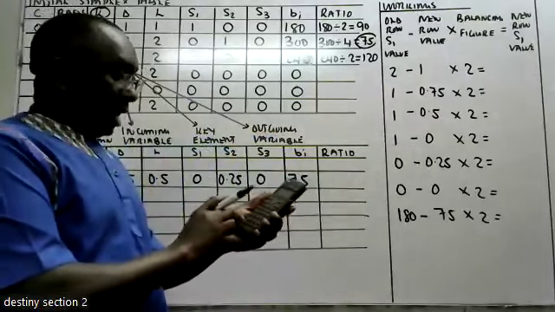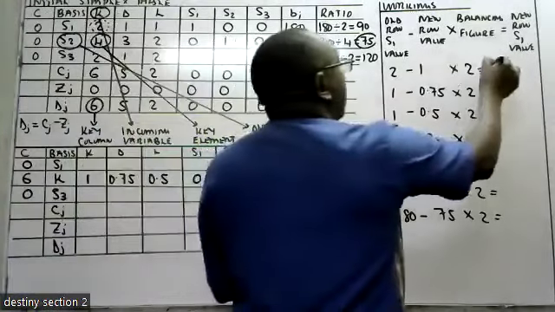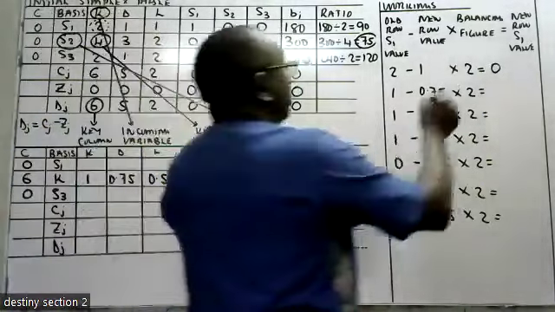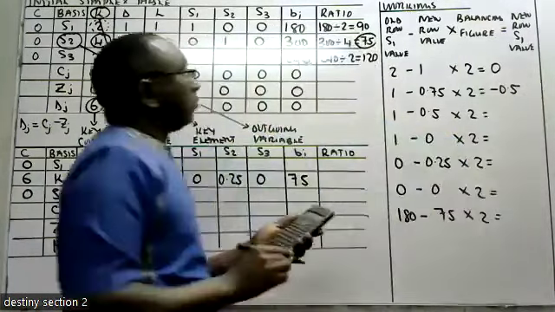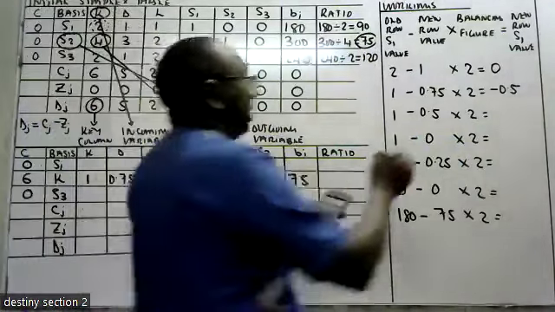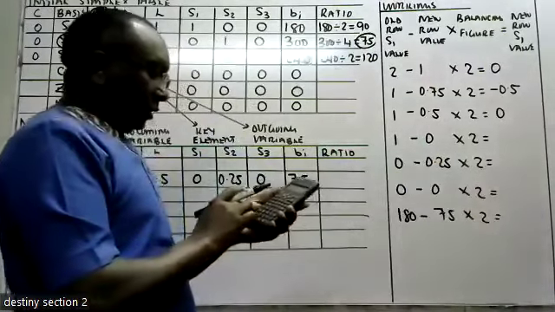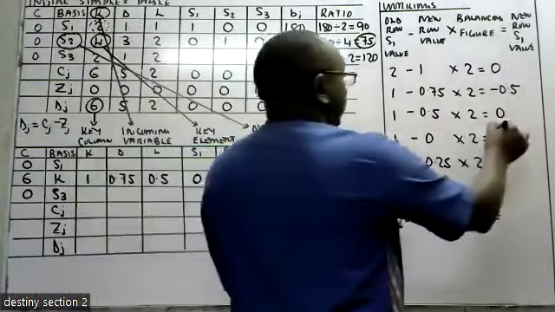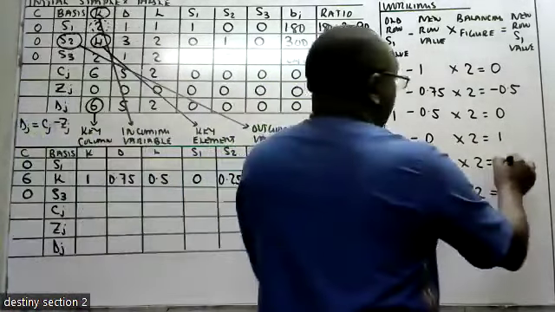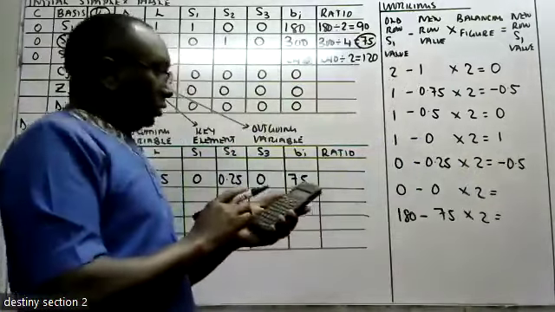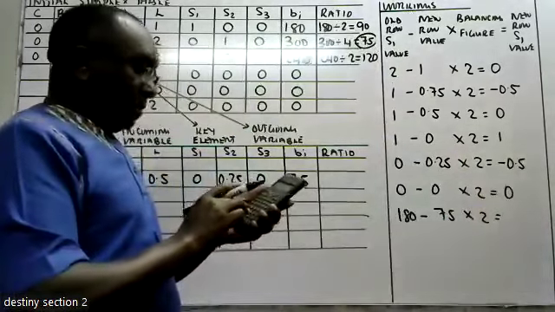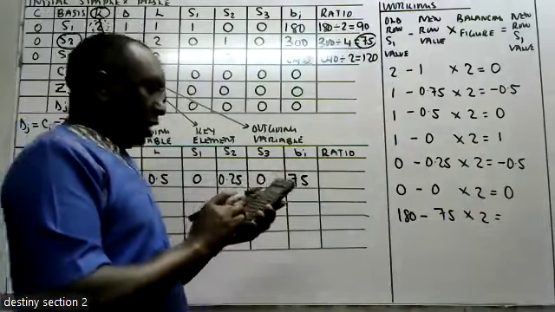We say 2 minus 1 times 2 equals 0. 1 minus 0.75 times 2 equals negative 0.5. 1 minus 0.5 times 2 is 0. 1 minus 0 times 2 is 1. 0 minus 0.25 times 2 is negative 0.5. 0 minus 0 times 2 is 0. 180 minus 75 times 2 is 30.